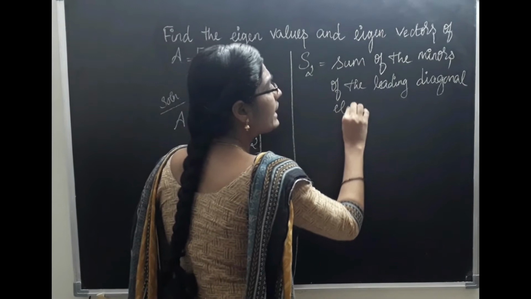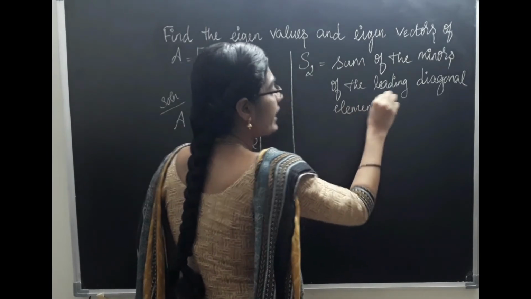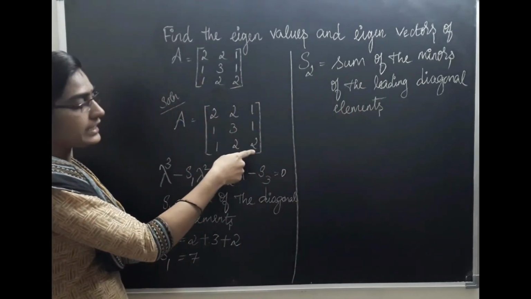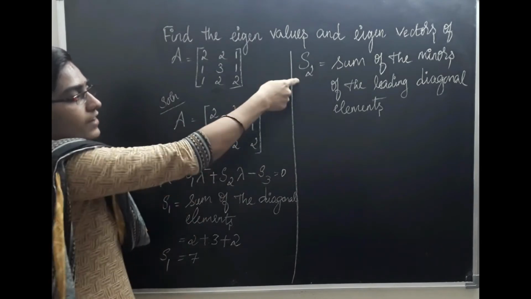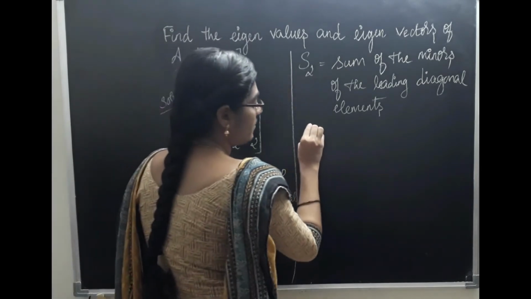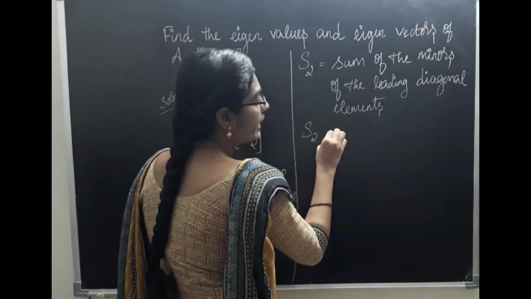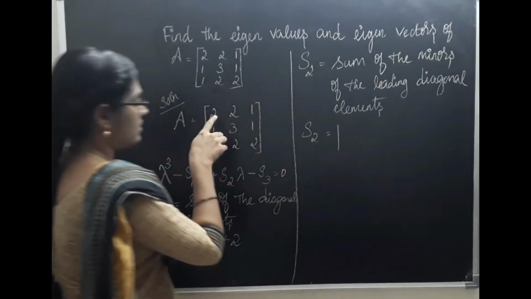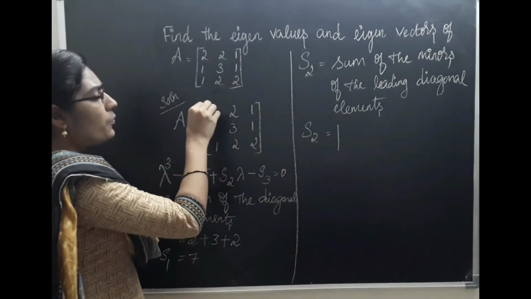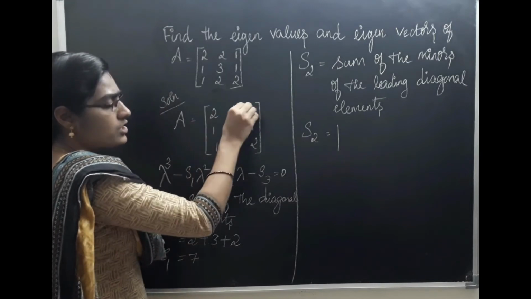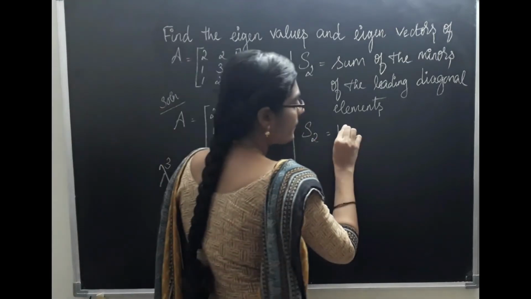So once we find the minors for A11, A22 and A33, and add them, we will get the value of S2. For finding the minor of the first element A11, we need to cancel the first row and the first column and write the remaining.